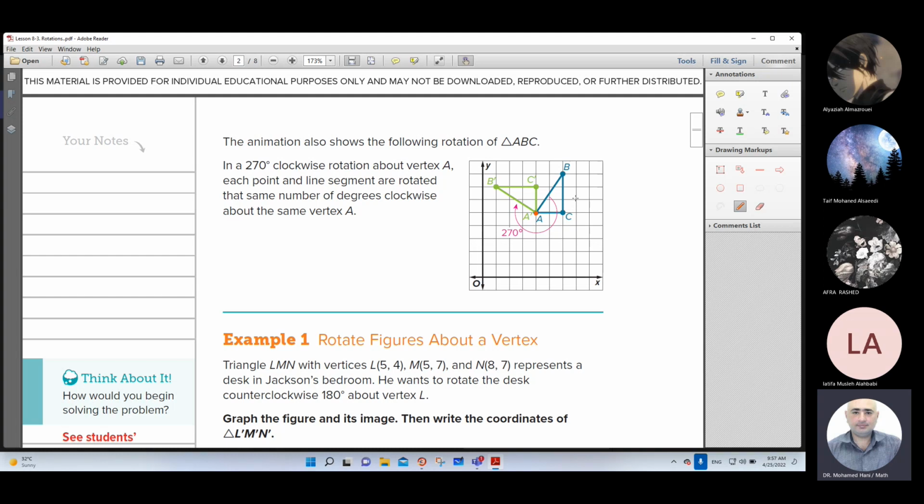We want to do rotation clockwise, which means from left to the right. So this is AB. Rotate AB using the angle 270 degrees. We will get A prime, B prime. And the same idea for all sides. You will get here the image A prime, B prime, C prime.